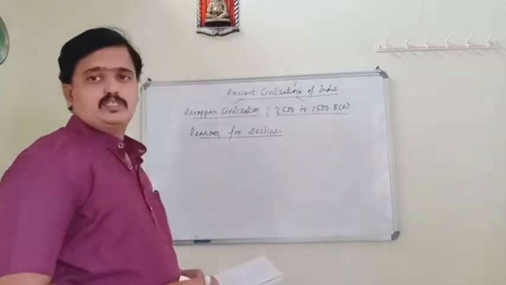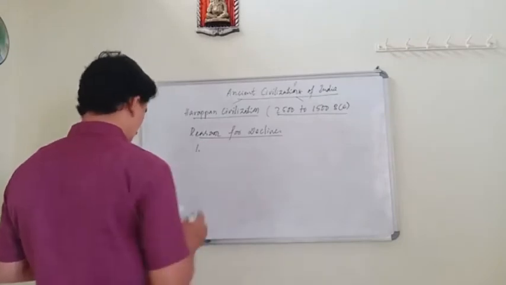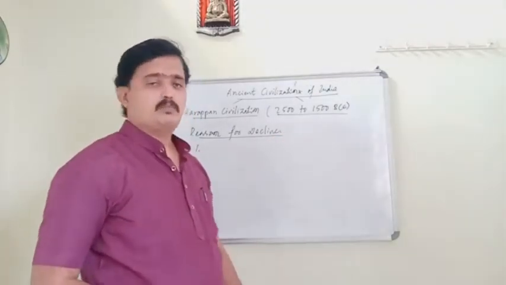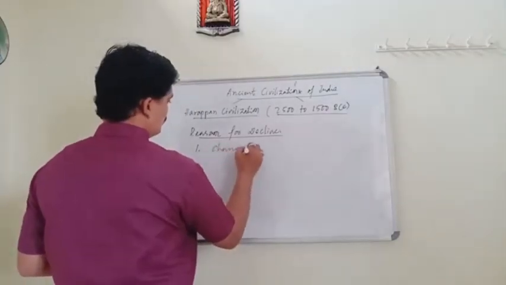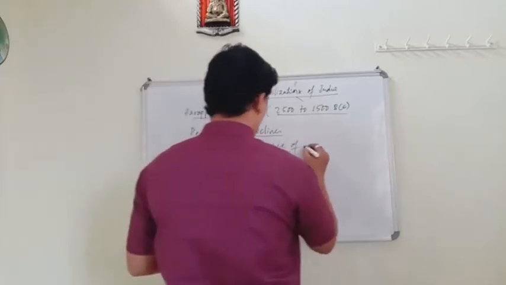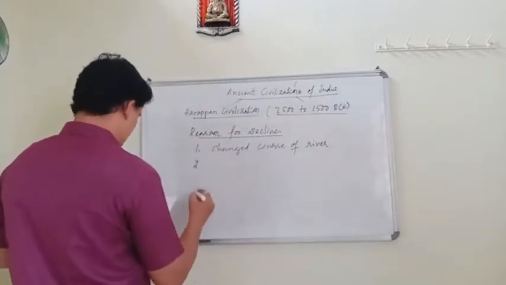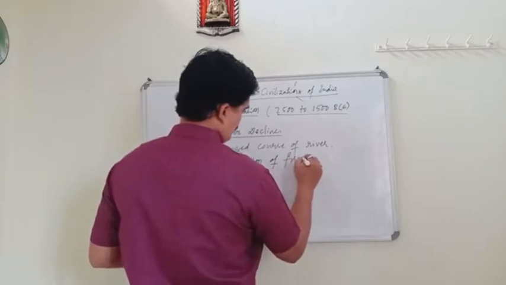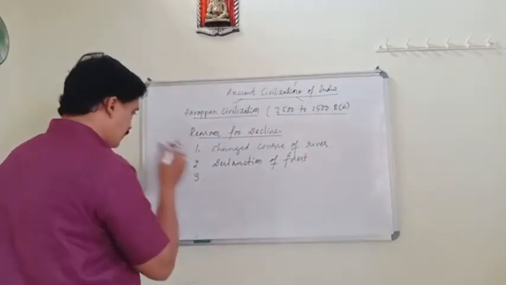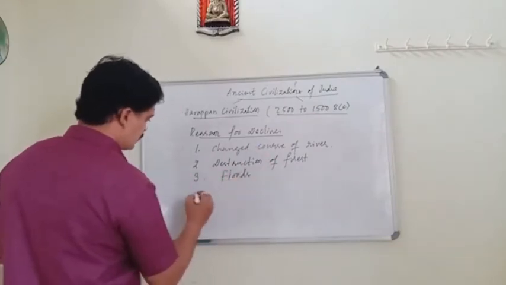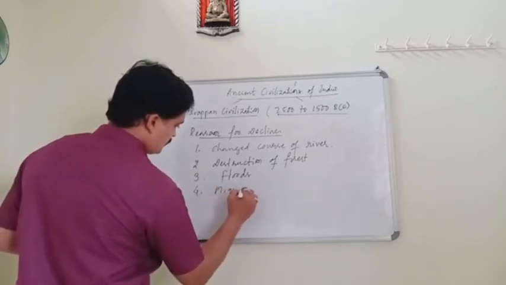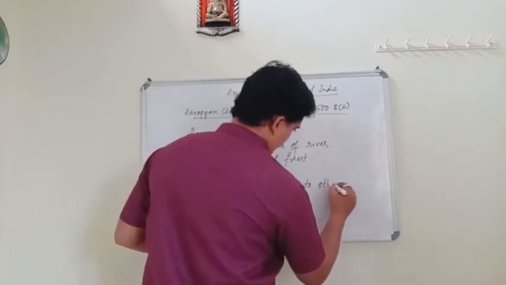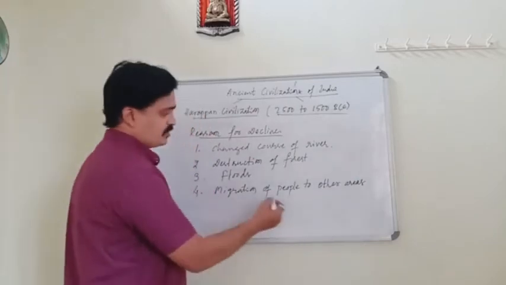Historians cited many reasons. Mainly, the changed course of a river, destruction of forest, third one is floods, and the last one is migration of people to other areas.